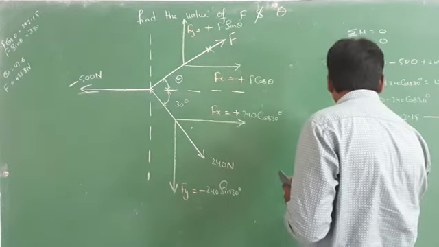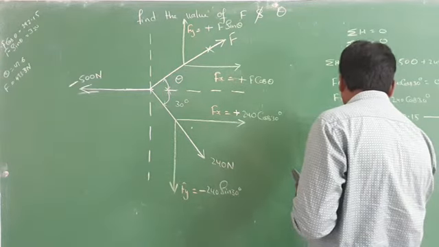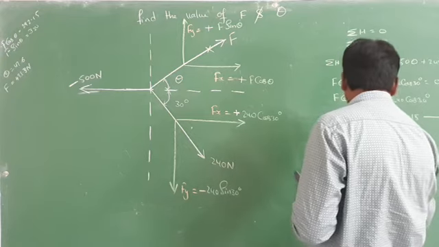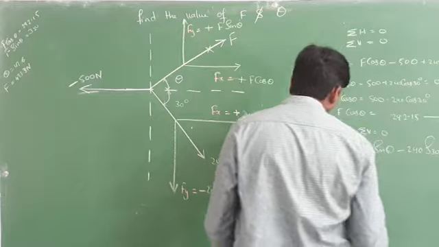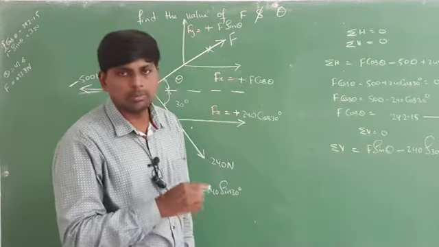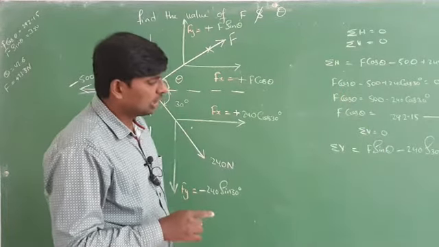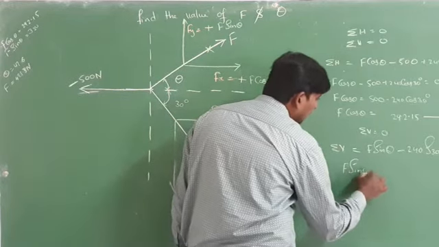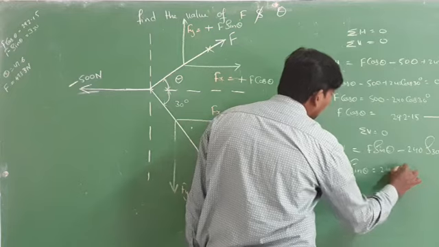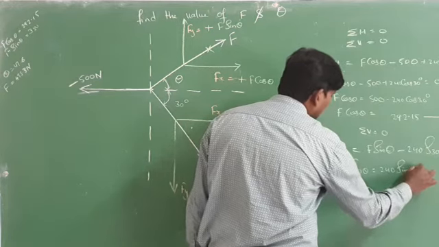So I will write F sin theta minus 240 sin 30. Here you can write F sin theta is equal to 240 sin 30.